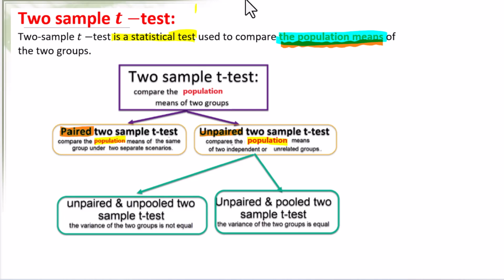For unpaired two-sample t-test, we have unpooled and pooled two-sample t-test. Pooled two-sample t-test means the variance of the two groups is equal.